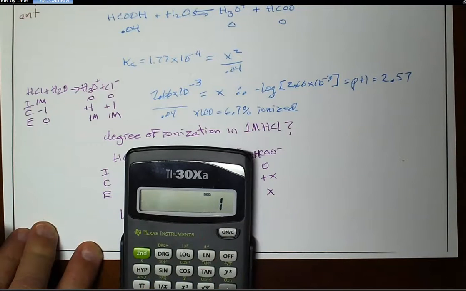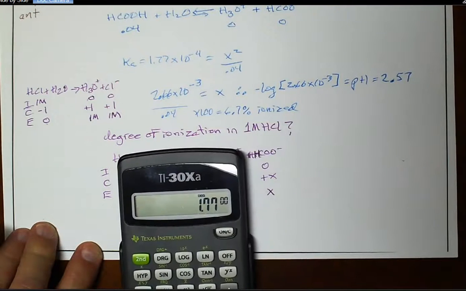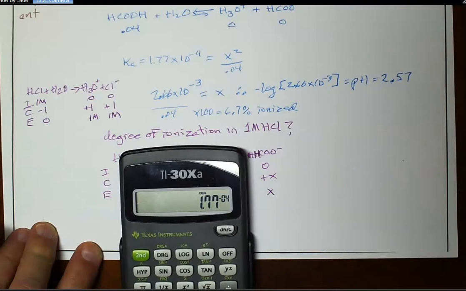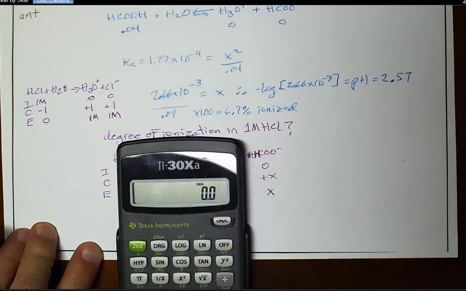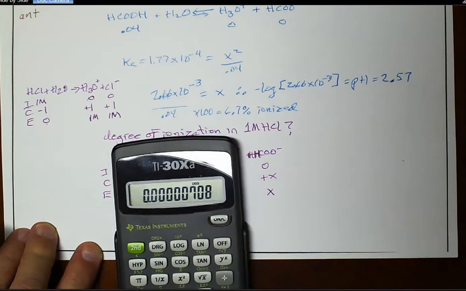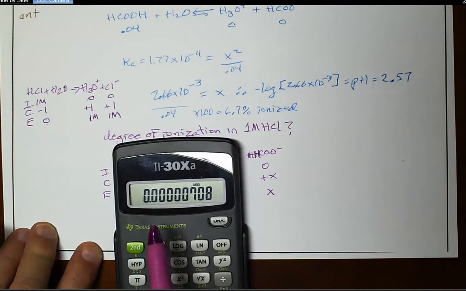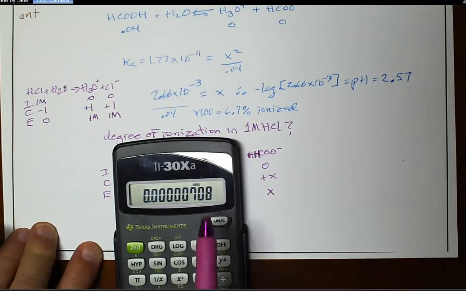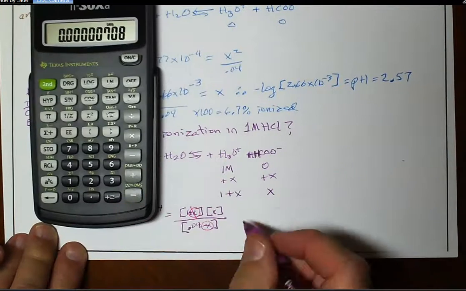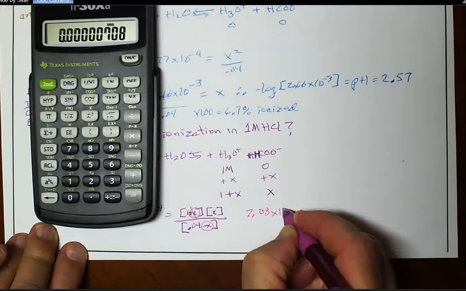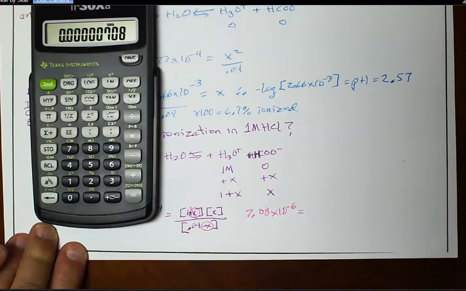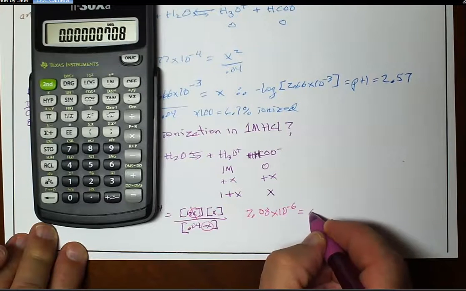So 1.77 times 10 to the negative 4, times this 0.04 down here, equals that. We have 7.08 times 10 to the minus 6. 7.08 times 10 to the minus 6 equals x.